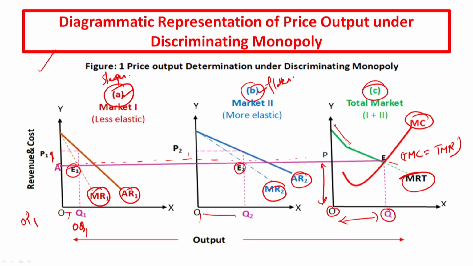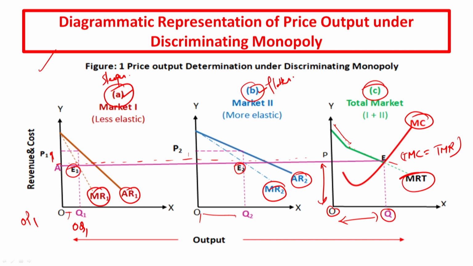As you can see, in market A the monopolist is charging high prices for the commodities, whereas the monopolist is charging lower prices in market B. But the overall profit of the monopolist is maximized.